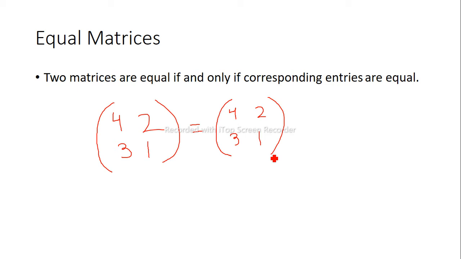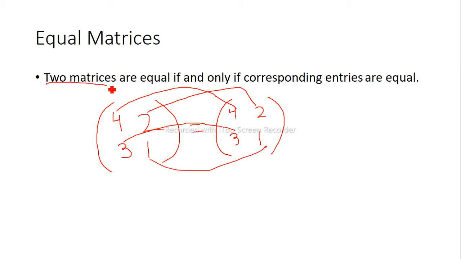Yes, sir. Why? They have the same number. Because corresponding entries are equal. So this is a 4 on this side, this is 4 on that side. This is a 2 on that side, this is a 2 on that side. This is a 3 on this side, this is a 3 on this side. This is a 1 on this side, this is a 1 on this side. So two matrices are equal if and only if corresponding entries are equal.